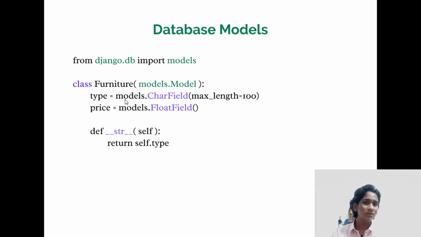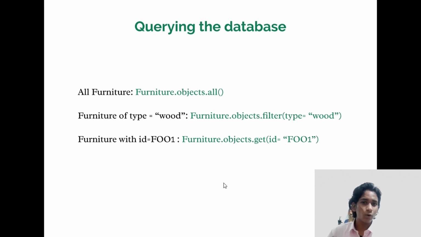This is the simple Django database model. Now you can make migrations and migrate, that is, you can do python manage.py makemigrations and python manage.py migrate to take it to the database, and you can do all the stuff that you see over here.